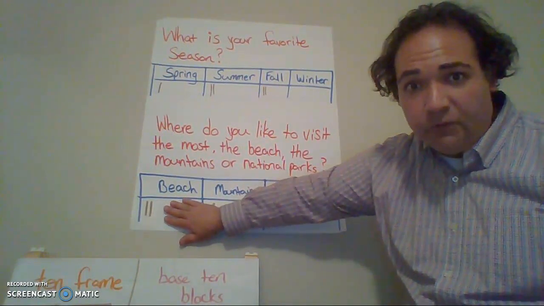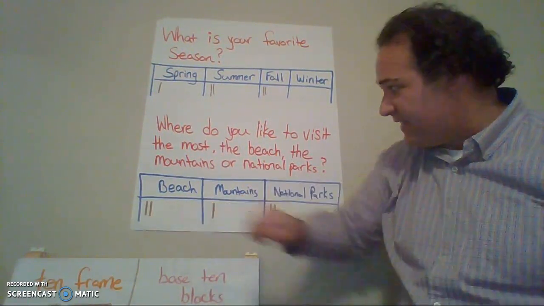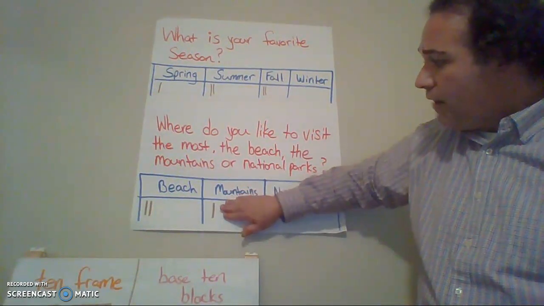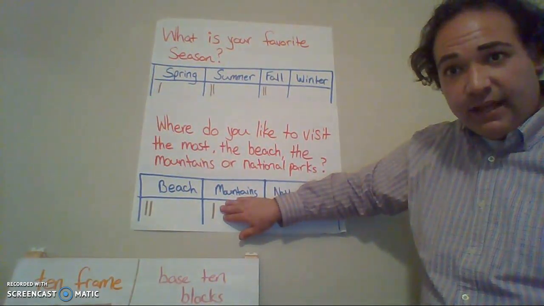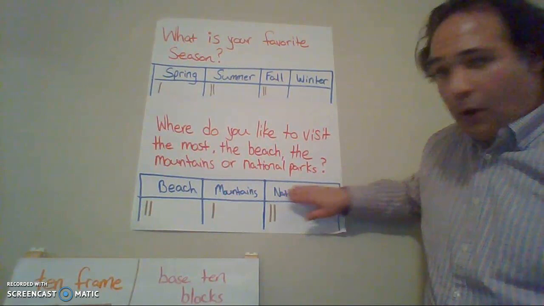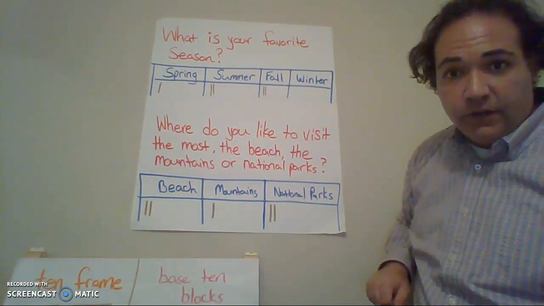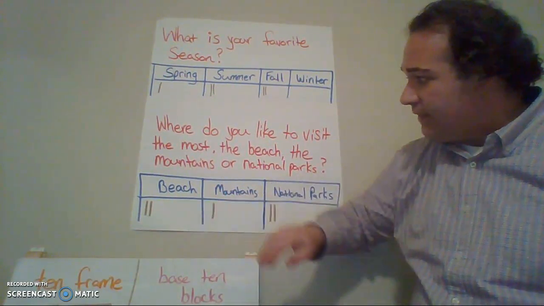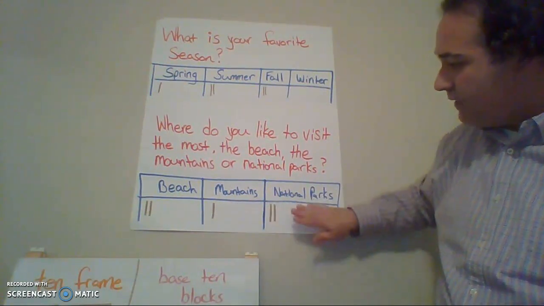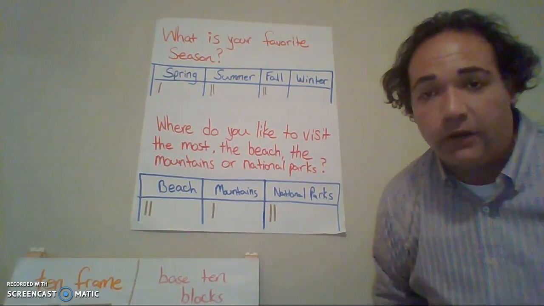My mom and I both said that the beach was our favorite place to visit. One of my brothers said the mountains, and my other brother and sister-in-law both said national parks. So you see that I have 2 tallies in one category, 1 for mountains and 2 for national parks.